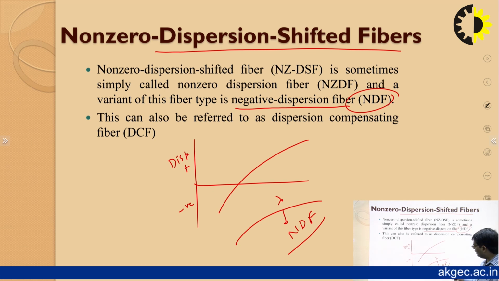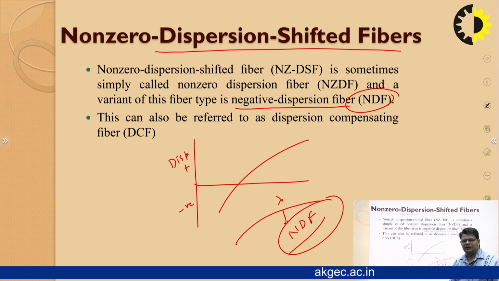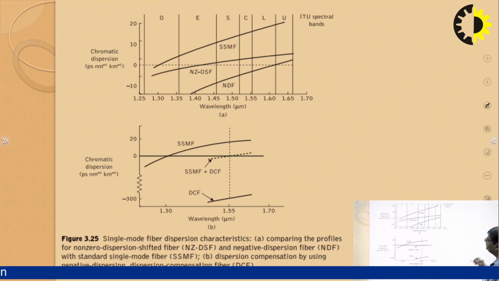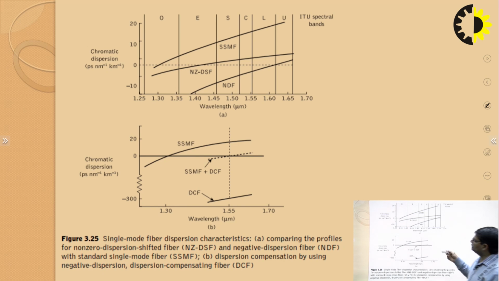Then how can we achieve this negative dispersion fiber? Like previously discussed, this can again be achieved by modifying the parameters or simply by changing the index profile. The index profile design can be modified for achieving different types of fibers. One example is shown here, as discussed in the previous slide.